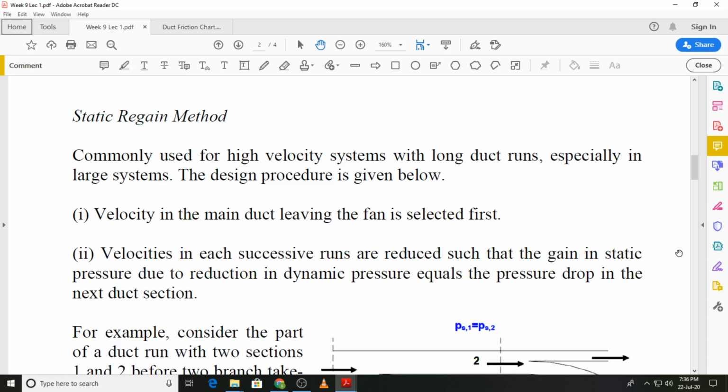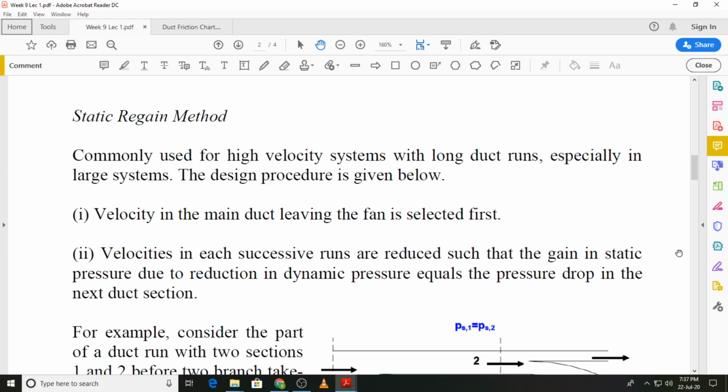Whatever you do, the first thing is the selection of the velocity leaving the main duct after the fan. So that velocity has to be selected, and once we have done that, then as we move in each of the runs, as I mentioned earlier, velocities are reduced in such a manner that when you reduce the velocity, there is an increase in the static pressure, and that increase in the static pressure should be the same as the pressure drop in that particular section of the run.